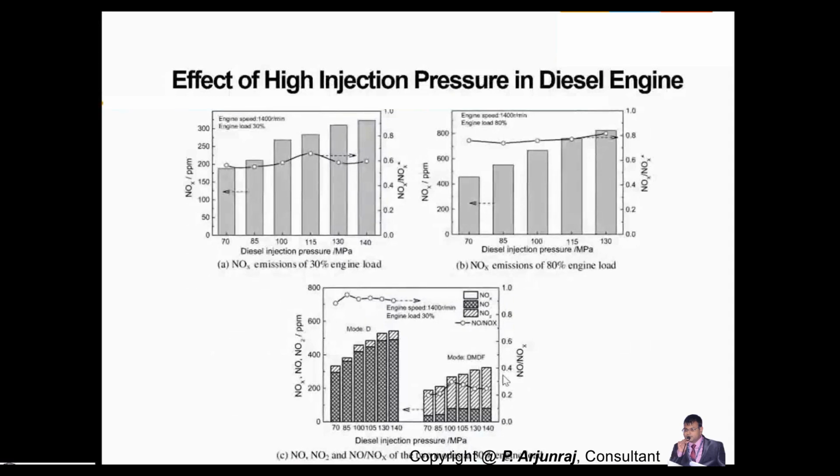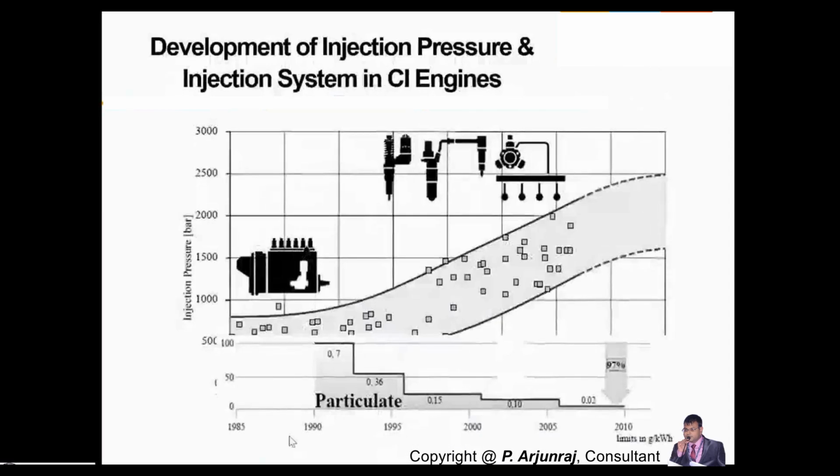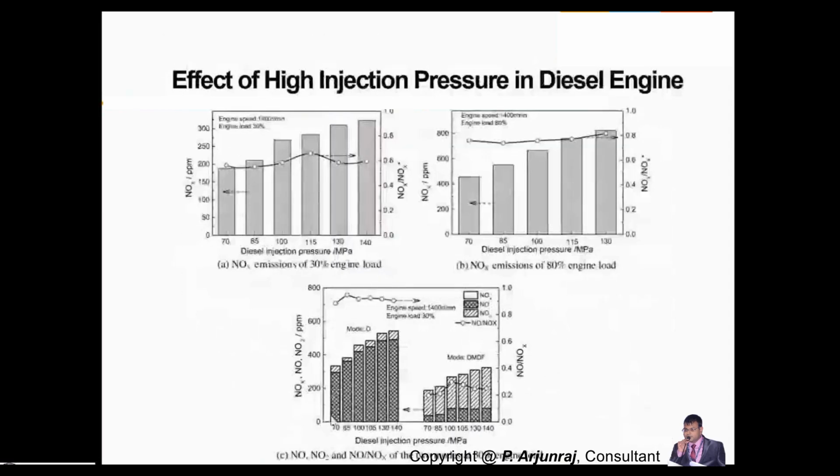Okay, so as I told you, when the particulate matter is going to be lesser, you are going to get higher NOx. So this is the effect of high injection pressure in the case of diesel engine.